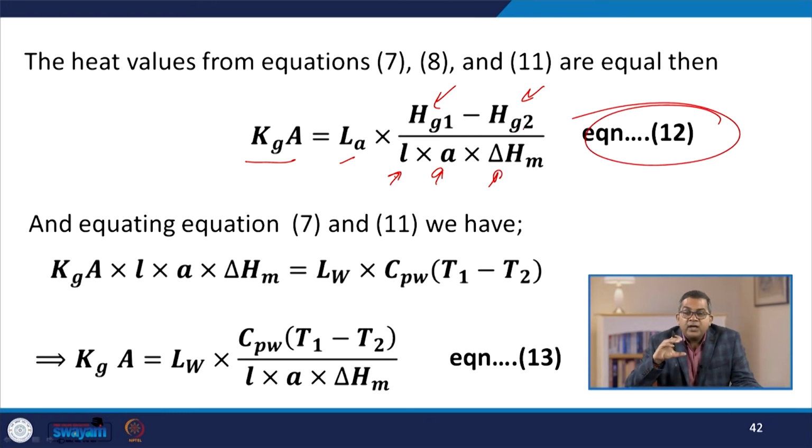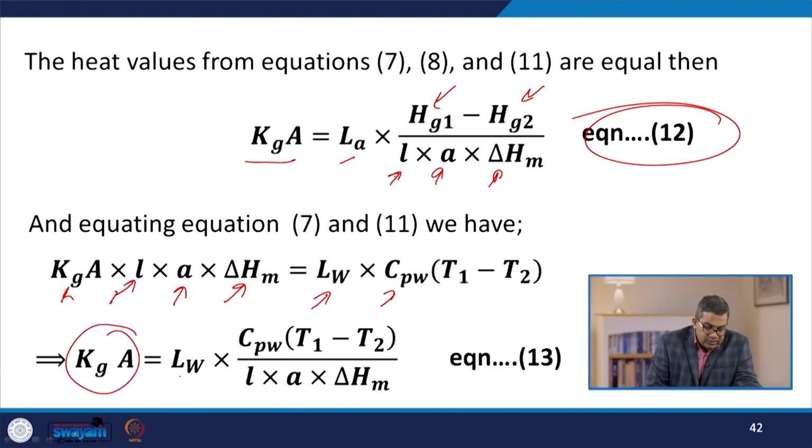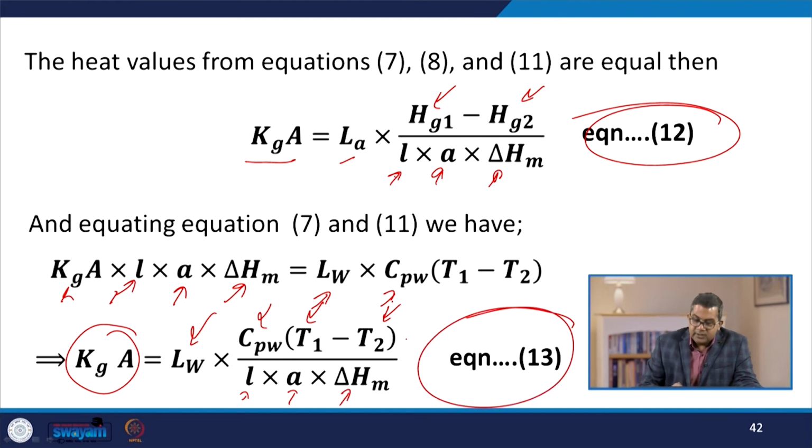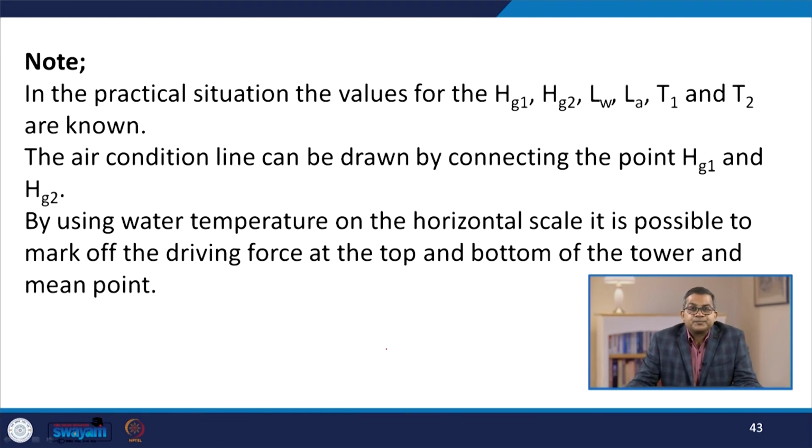Now, if we equate equation 7 and equation 11, then kGA into L into A into delta Hm is equal to LW into CPW into (T1 minus T2). Rearranging, kGA is equal to LW into CPW into (T1 minus T2) upon L into A into delta Hm, and that is equation number 13.